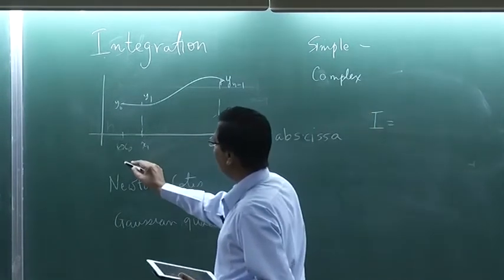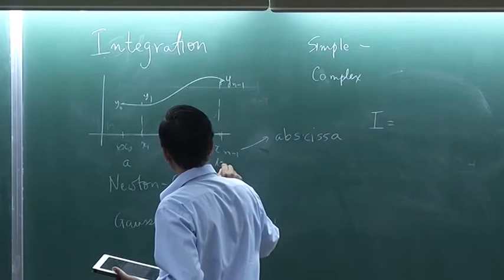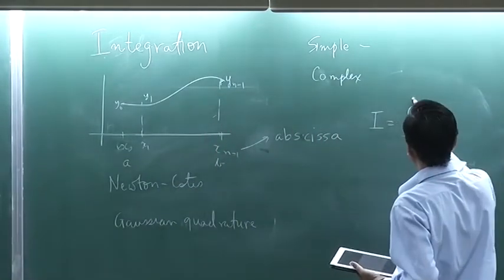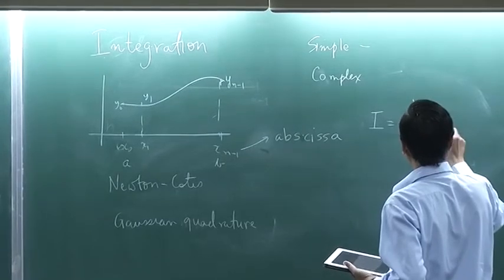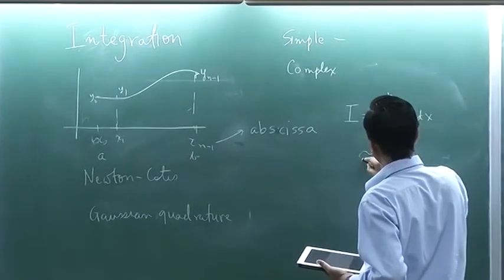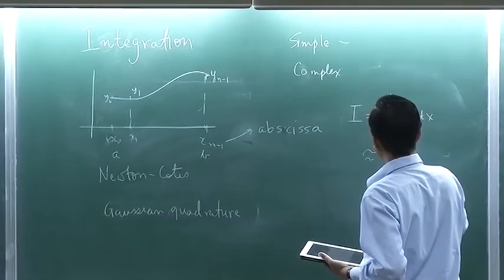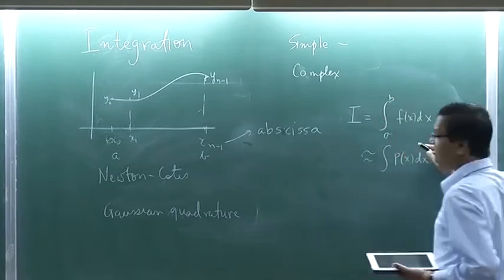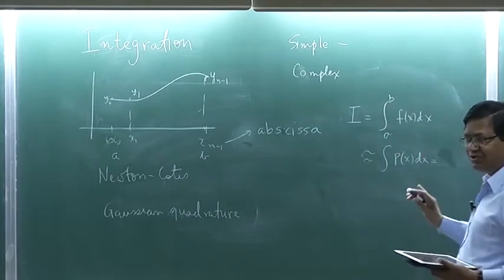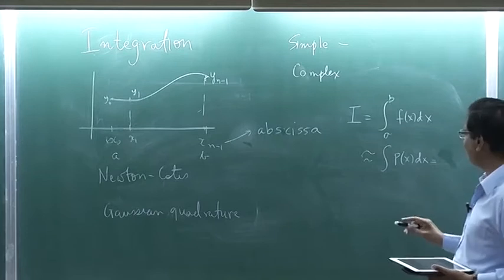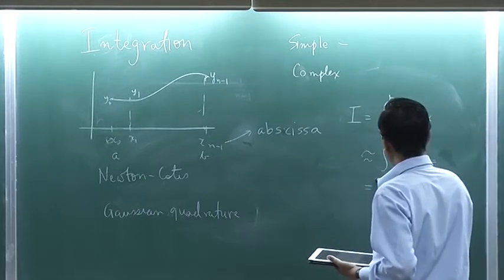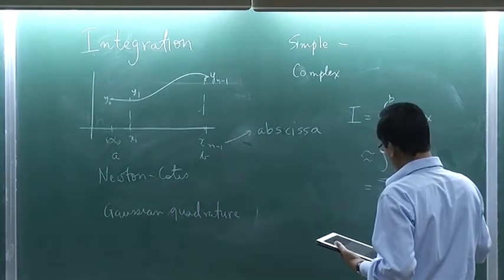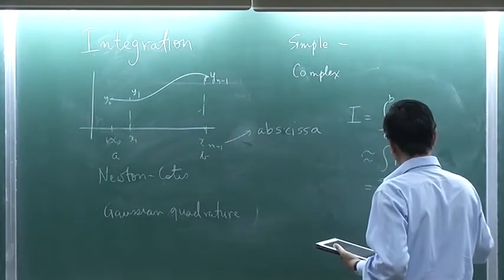So I go from, we call this point A and point B, okay. So end points are A and B. So the integral from A to B of f(x) dx is approximated by a polynomial p(x) dx, and this is going to be written as, this is the standard notation which we follow, equal to the sum of wi f(xi).